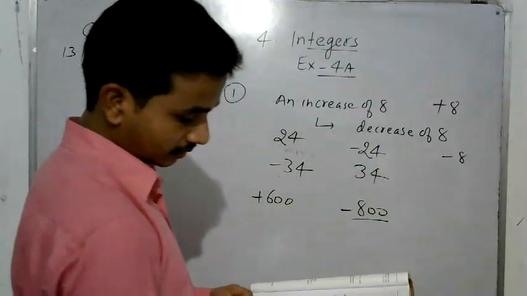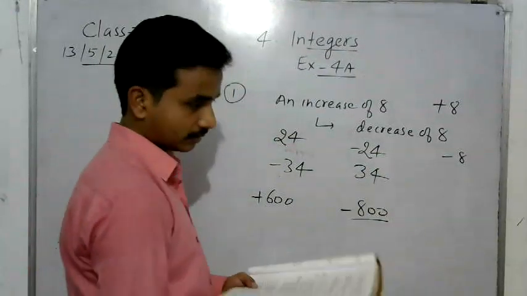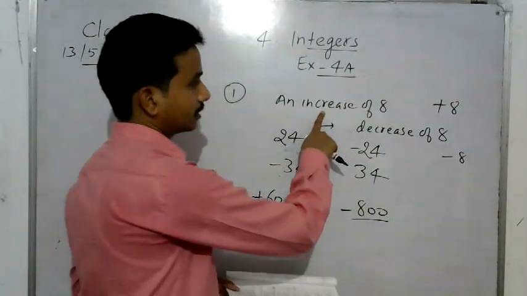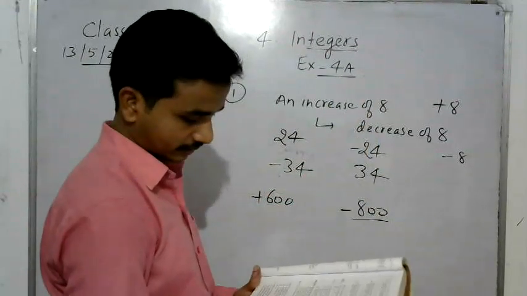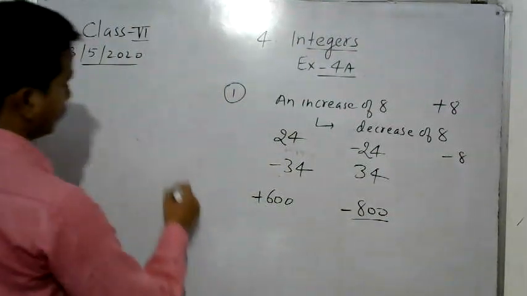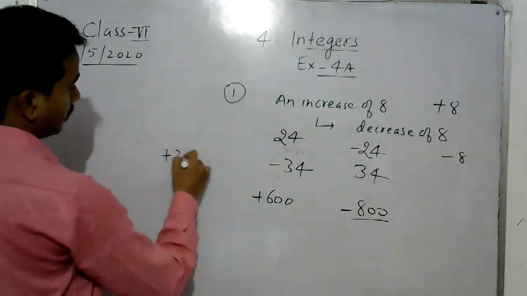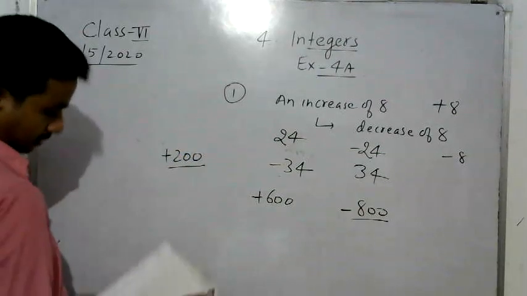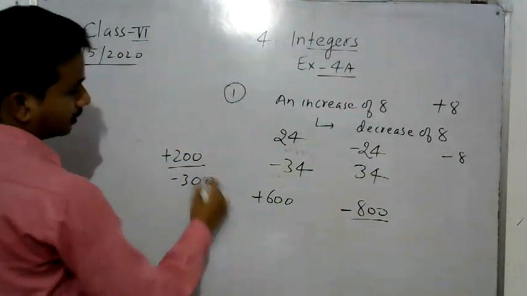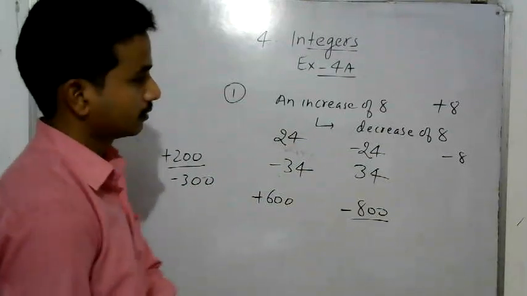In case of decrease, indicate minus sign, and in case of increase, indicate plus sign. A deposit of 200 is plus 200, and a withdrawal of rupees 300 is minus 300. In this way, you have to indicate the sign.